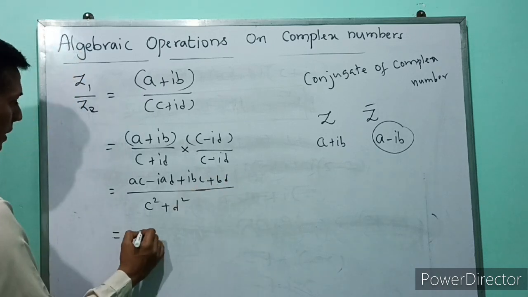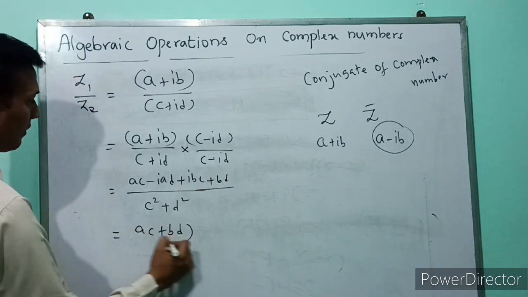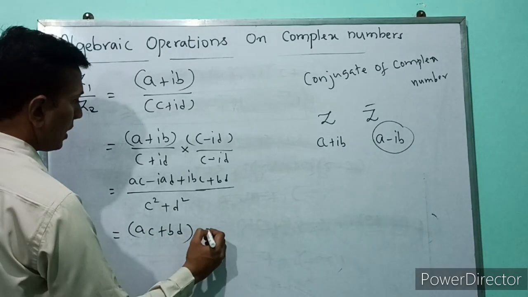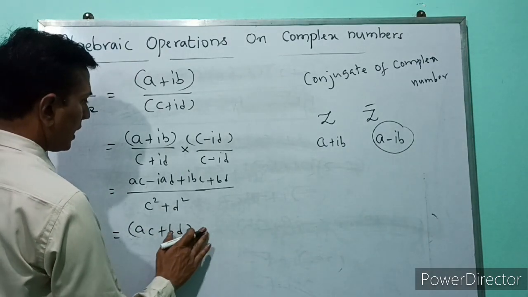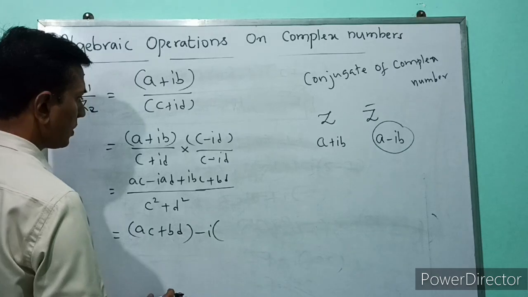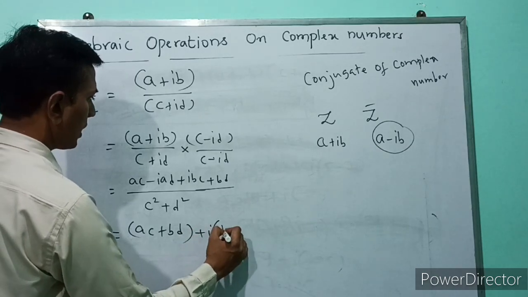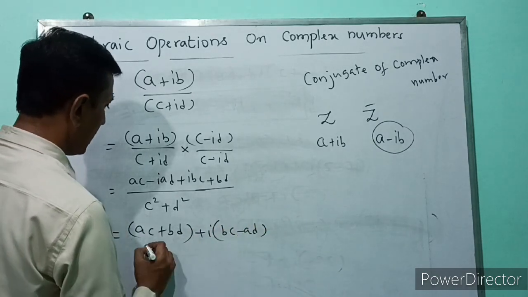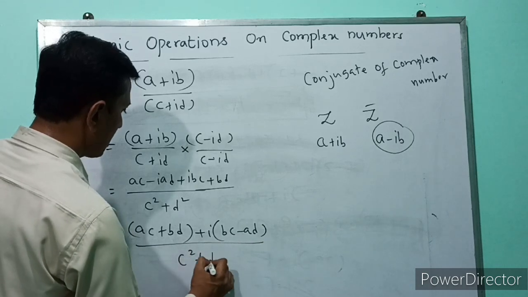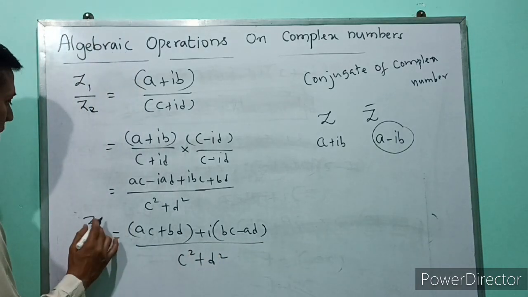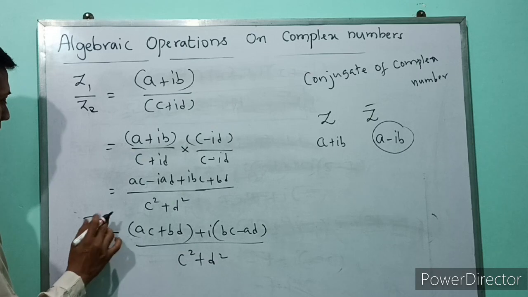So here AC plus BD will be added. You can take I as common, then you will get BC minus AD by C square plus D square. This is the division of complex numbers.